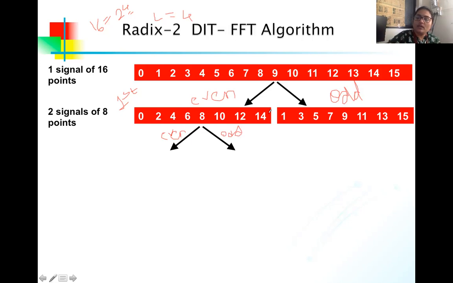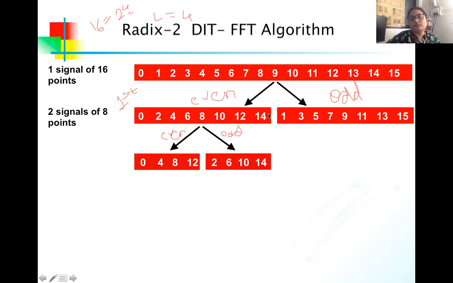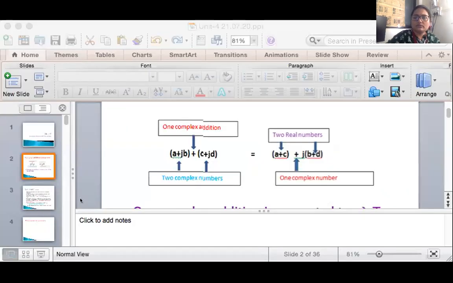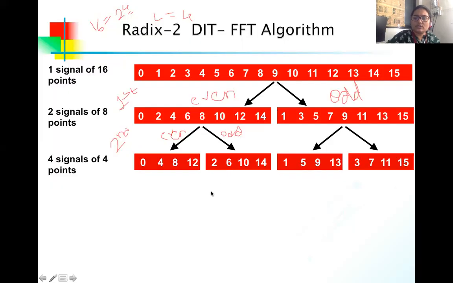This way the partition will happen. For the odd points also, we do the partition in the same way. So this is the second stage of computation.